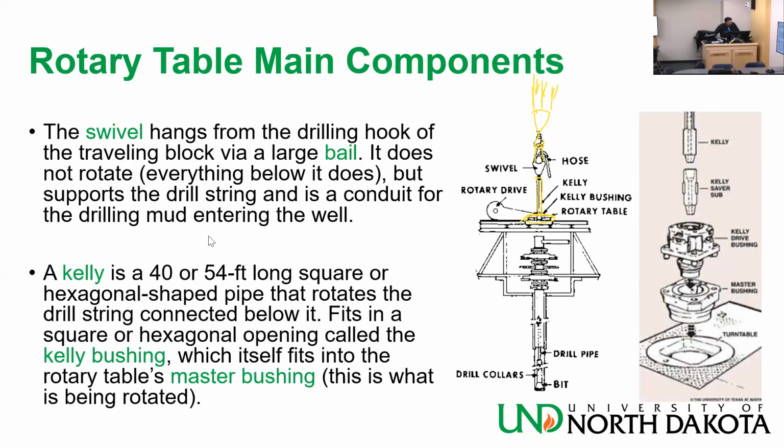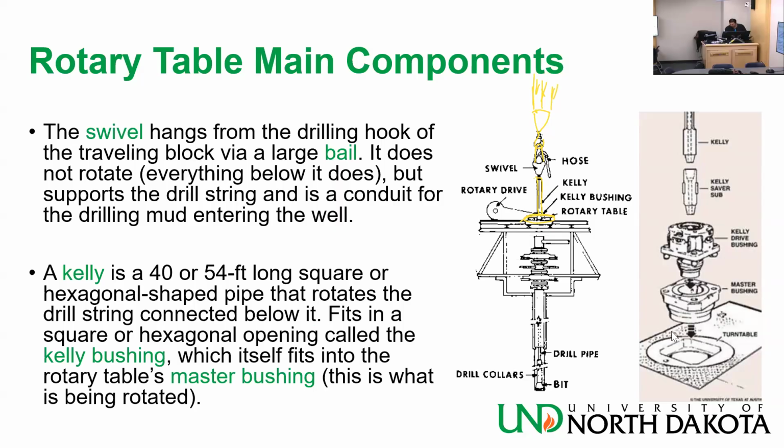A Kelly is a 40 or 54 feet long square or hexagonal shaped pipe that rotates the drill string connected below it. It fits in a square or hexagonal opening called the Kelly bushing, which itself fits into the rotary table's master bushing.